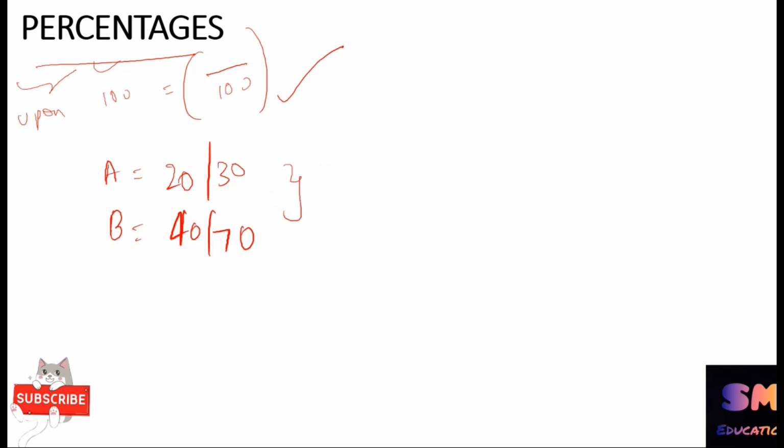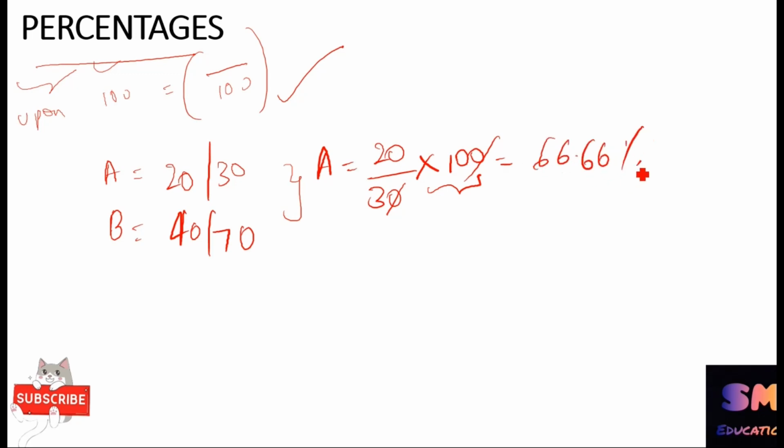Let's calculate the percentage of student A. This gives you 20 by 30 into 100, and as we are calculating percentage, the 100 is important. This gives 66.66 percent.